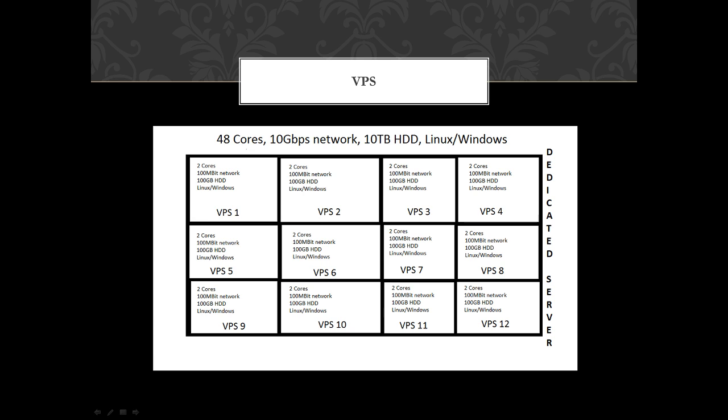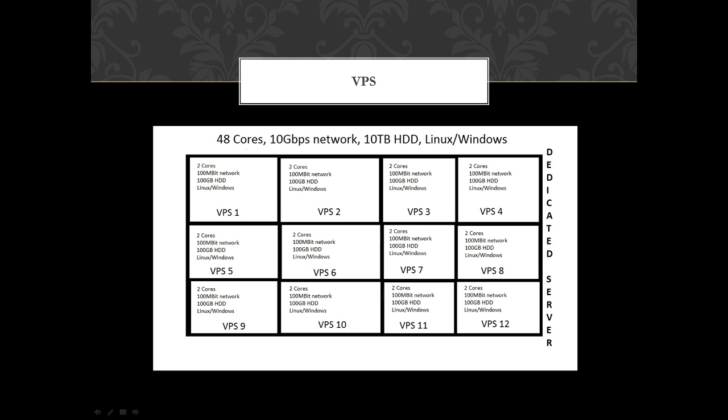So basically of the 48 cores, you dedicate 2 of those cores to another machine that is hosted in your own computer. If you have used virtualization before, you know this already, but this is on a much bigger scale.